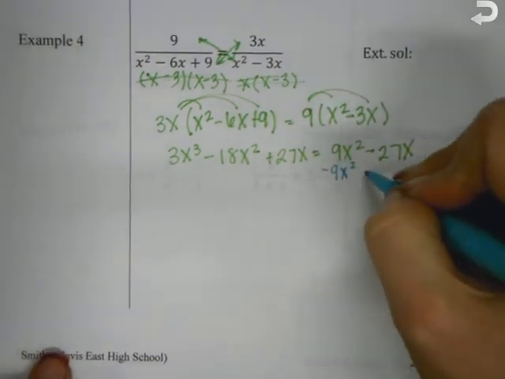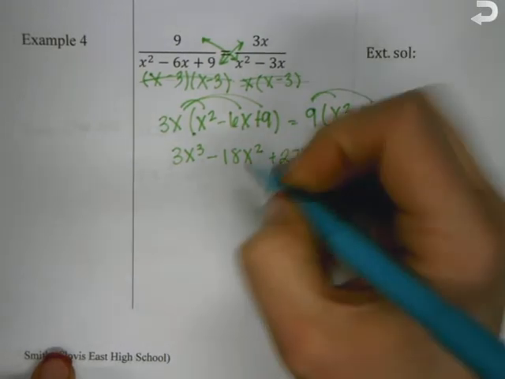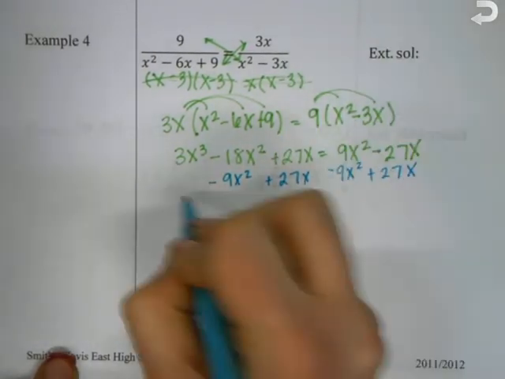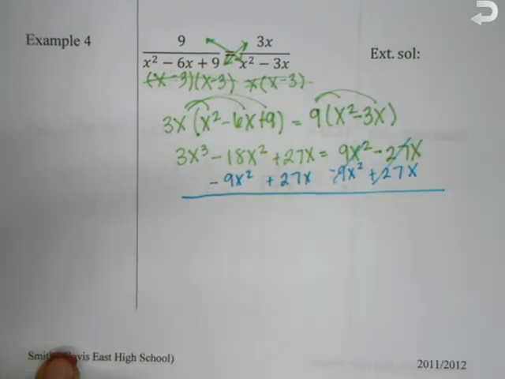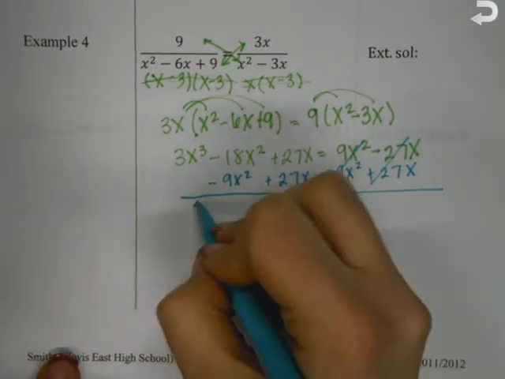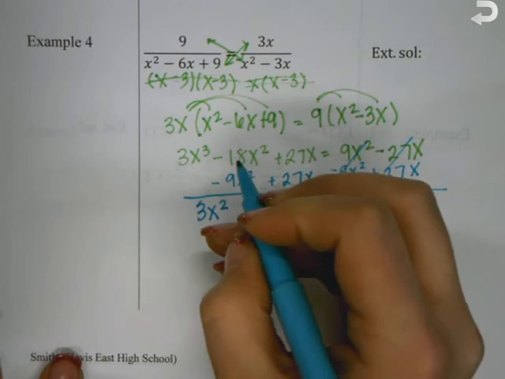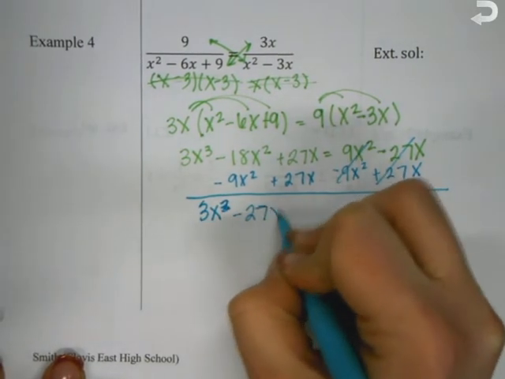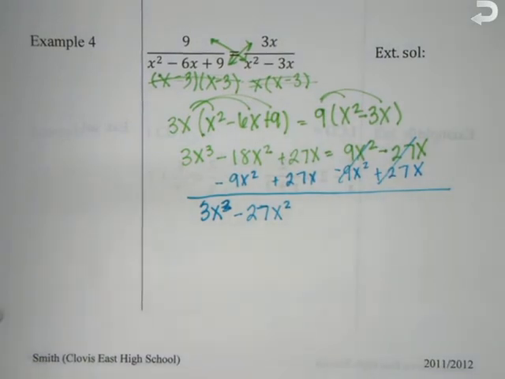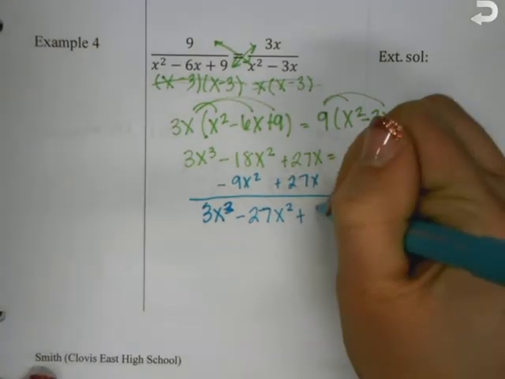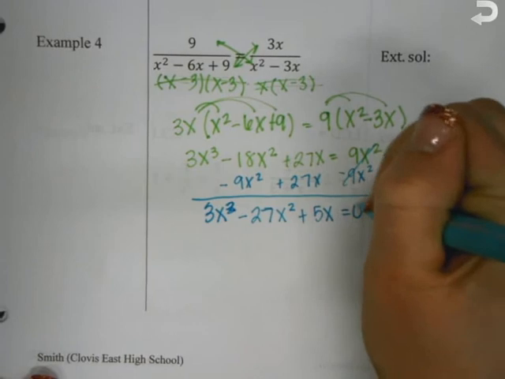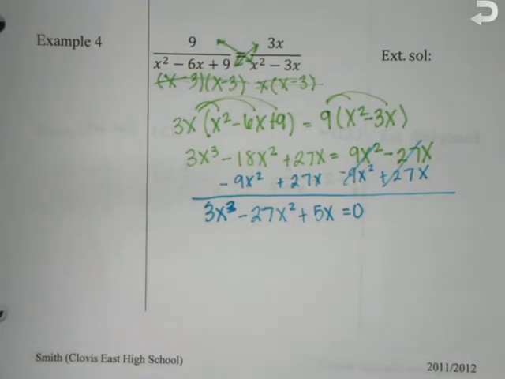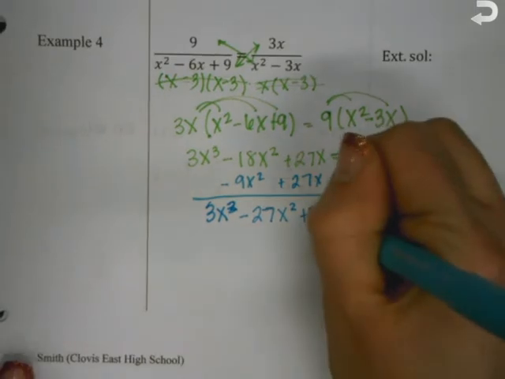So that is going to give me 3x cubed minus 27x squared plus 54x.